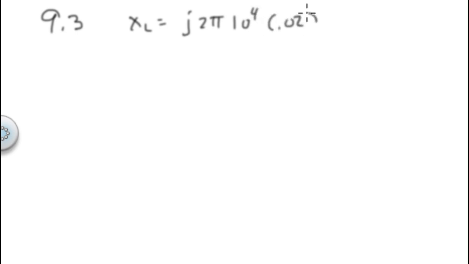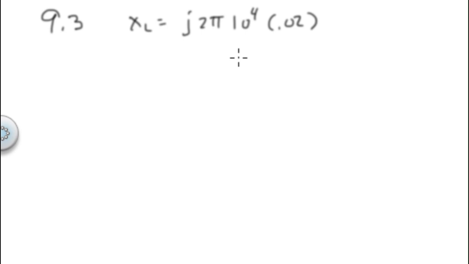Okay, so the next one: find the voltage and current in phasor form for the circuit below. So 9.3. So now we have a problem with voltage. Okay, so we've got to find our X sub L. That is j 2 pi times f, 10 to the 4th, times L, which is 0.02.